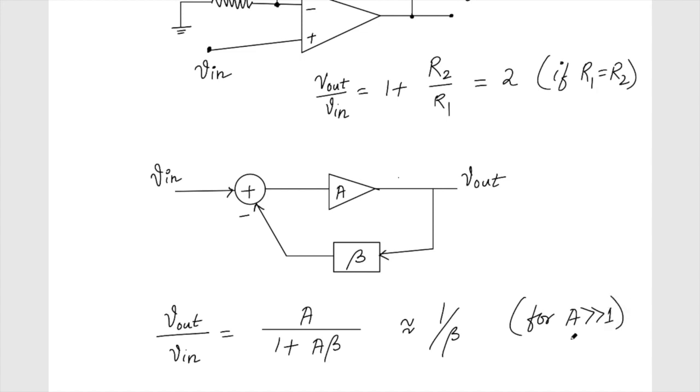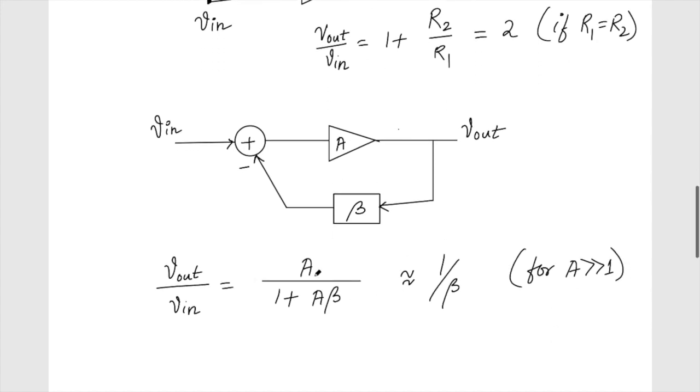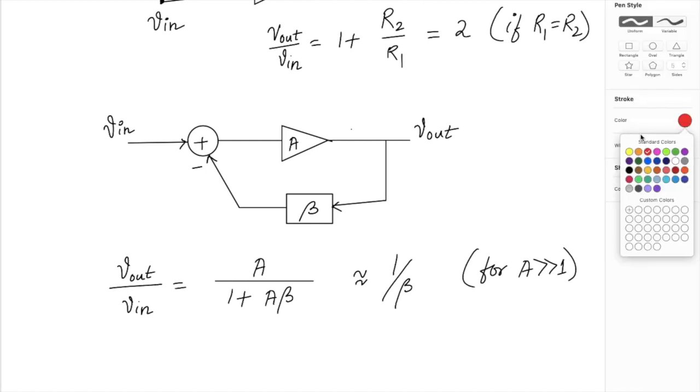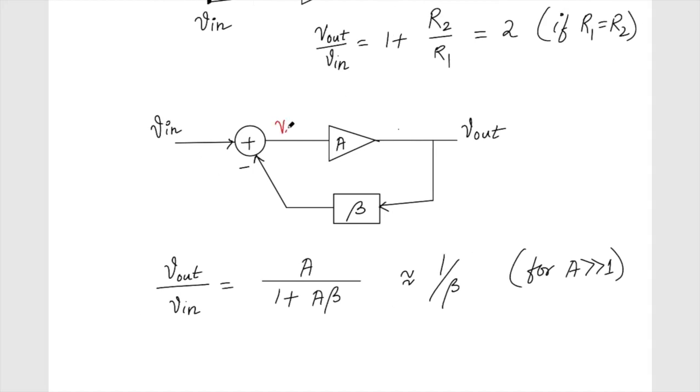So basically what it means is that I need to compare the input with beta times the output. And of course we know that in a feedback circuit there is an error voltage VERR, and the purpose of this VERR is that we want to make this error voltage as small as possible.